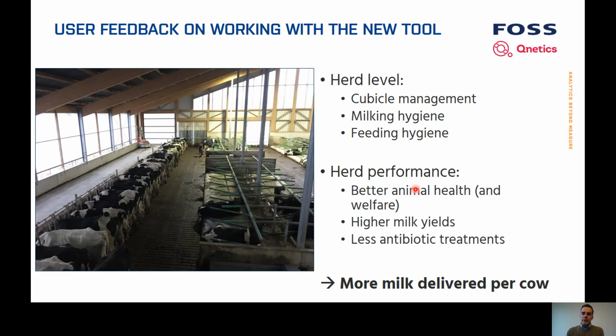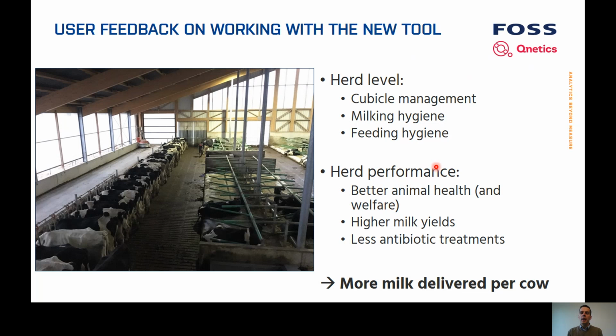We also saw that feeding hygiene was important, and when it was warmer, when the quality of the feed was somewhat lower, we could very clearly notice more problems with cows in groups C and in the long run also D.